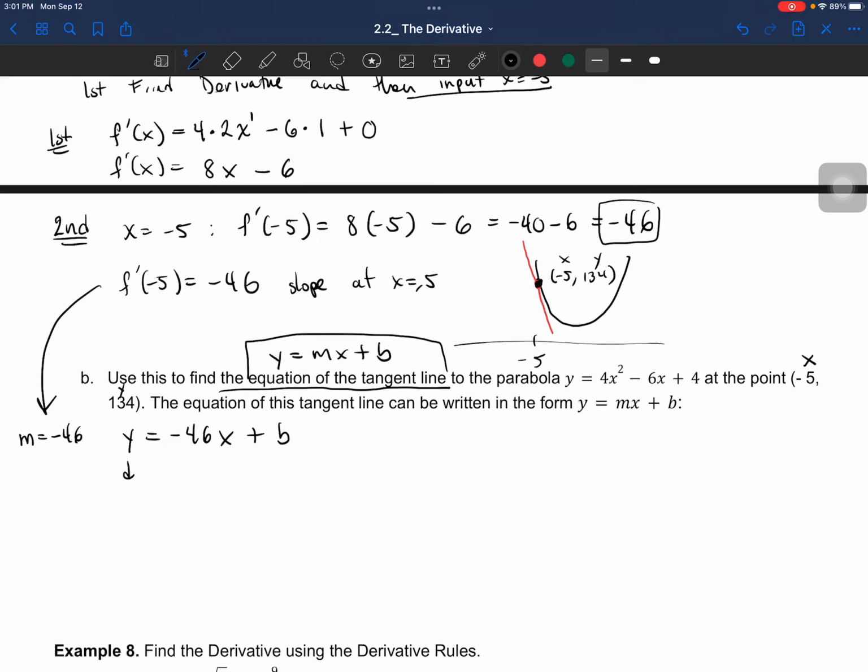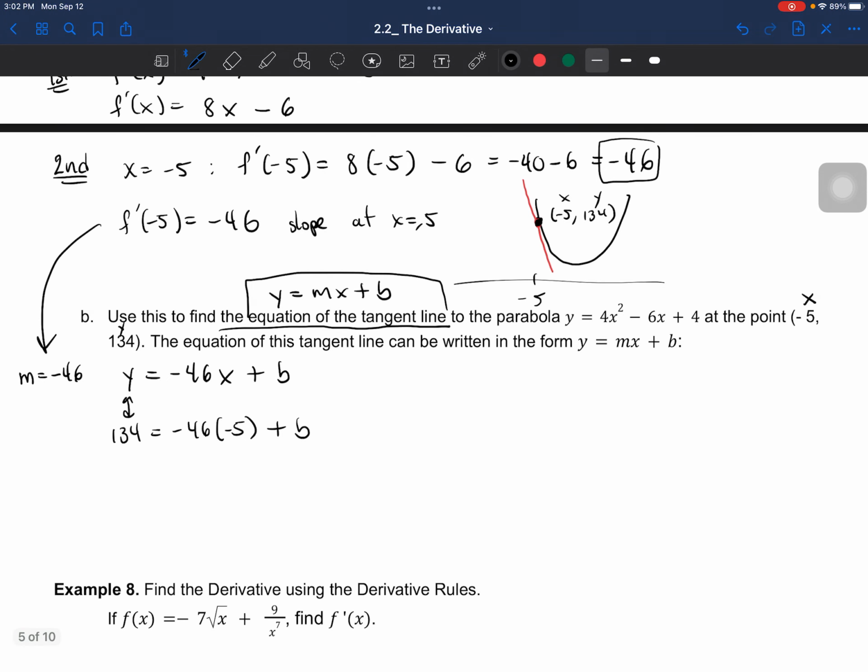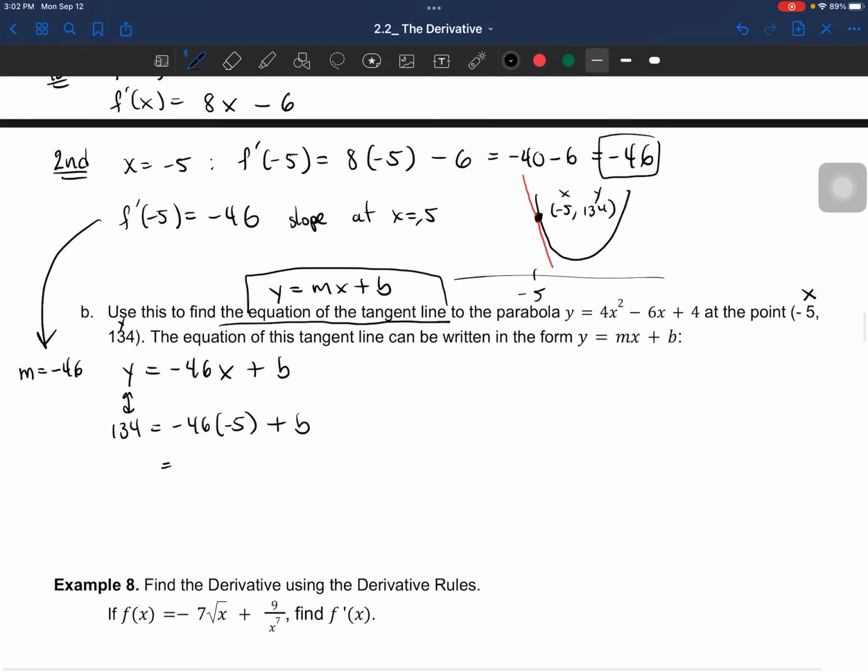So that means that we can replace that y with 134 and replace that x with negative 5, and that will leave us with one unknown. Right now there are infinite ordered pairs, but there's only one ordered pair here in that line. So let's solve for b. We're gonna have negative 46 times negative 5. Let me get my calculator.